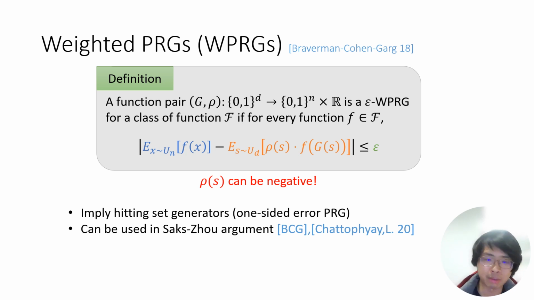Also, a weighted PRG directly implies a hitting set generator, which is another well-studied variant of PRG that can be viewed as a one-sided error PRG. And weighted PRG is strong enough to be used in the Saks-Zhou argument that we mentioned in the previous slides, and we'll see that it actually has an interesting implication.